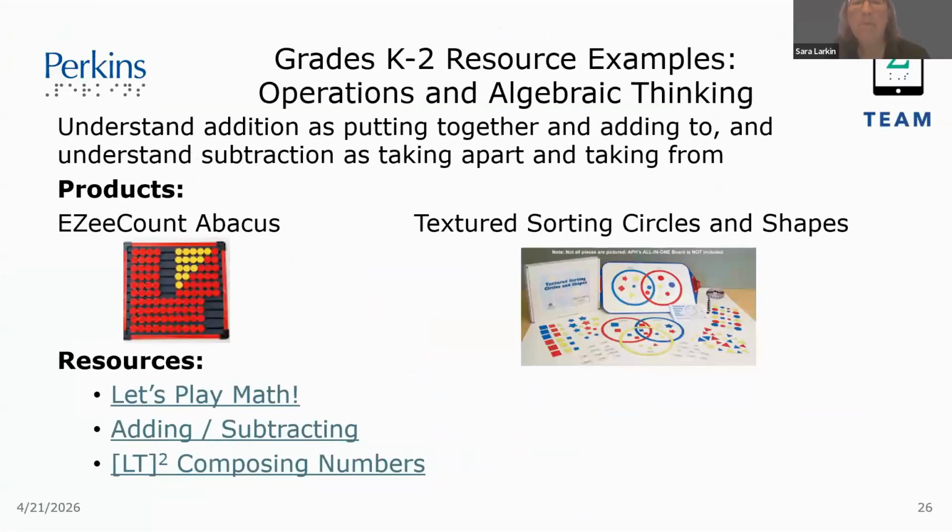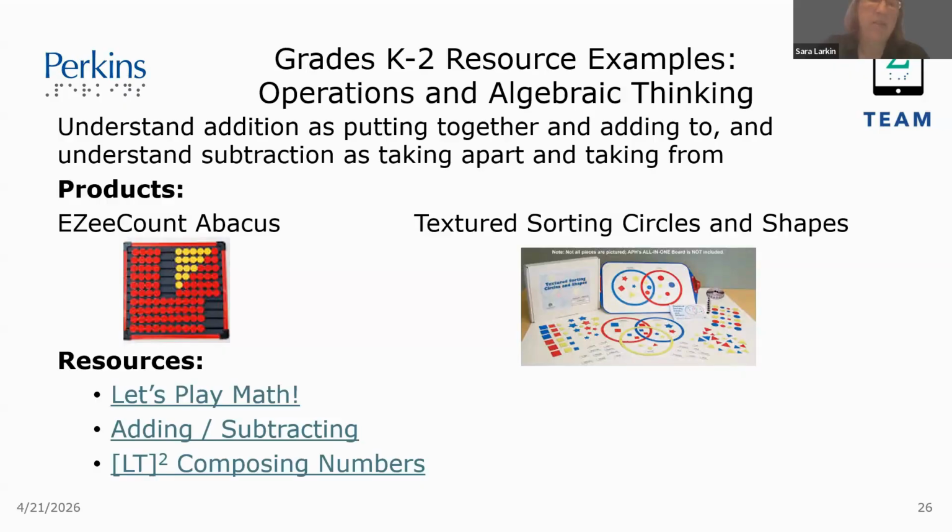All right. The next one is operations and algebraic thinking. There we were looking at addition and subtraction, putting together, taking apart. So they can use the easy count abacus or the textured sorting circles and shapes to add pieces together and take apart.